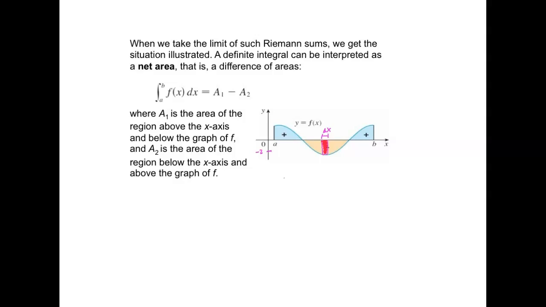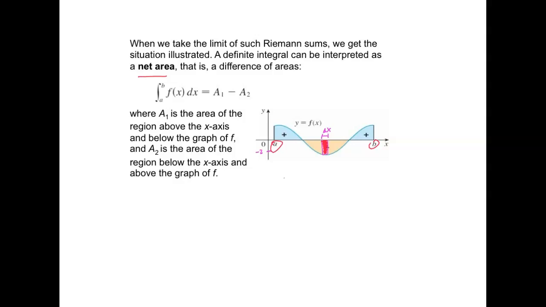So the integral actually represents what we call the net area. It's the difference of areas. So the areas above the x-axis will be positive, the areas below will be negative, and then the overall integral from a to b will be the net area. So positive area, take out the negative area. Does that make sense?